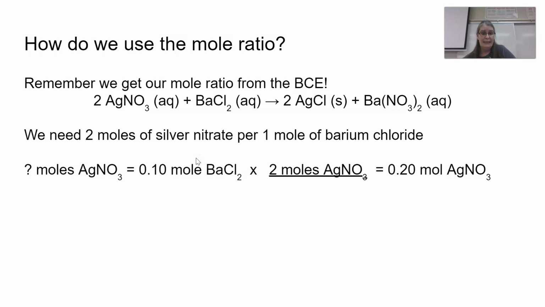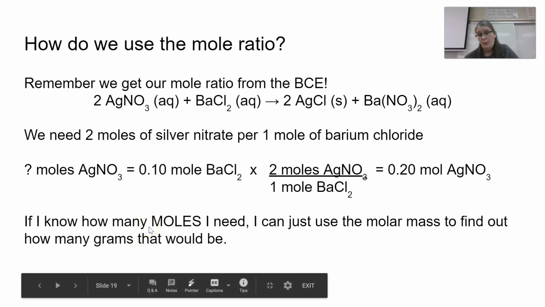So if I set this up, I'm going to put the unit I want on the top, the unit I want to cancel on the bottom, because we need our units on opposite sides of the fraction bar. And really intuitively, you could probably think about it and realize that if it was a 2-to-1 ratio, I would need 0.2 moles of silver nitrate to react with 0.1 mole of barium chloride.